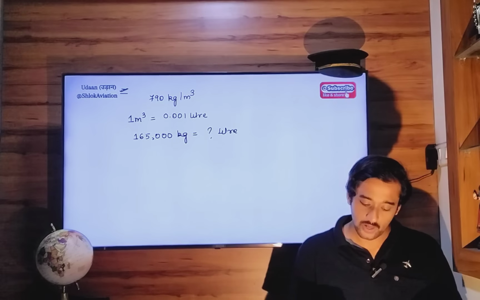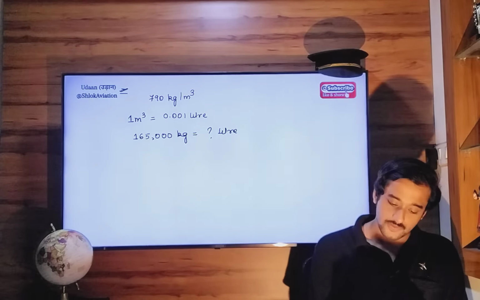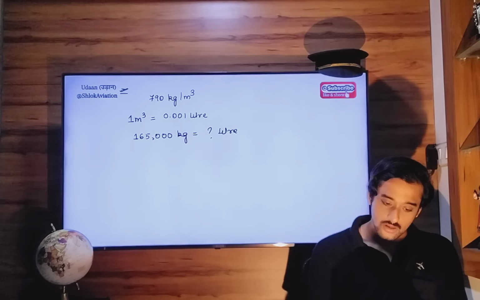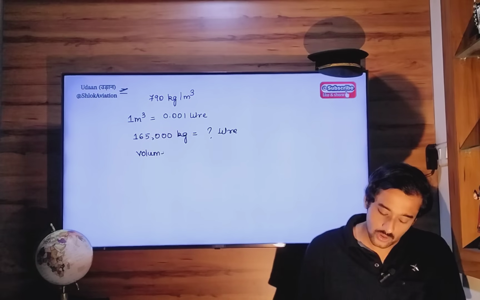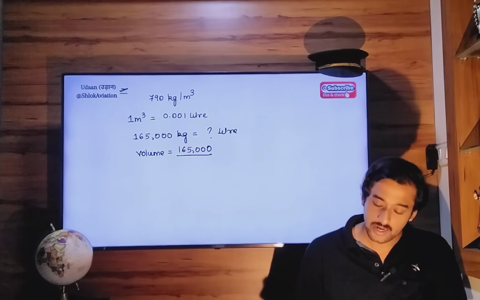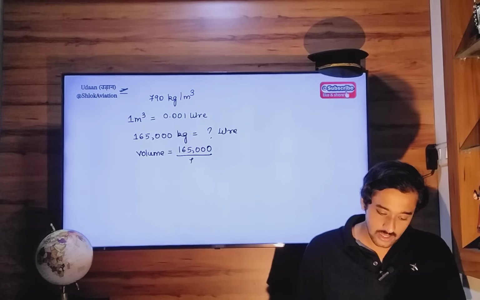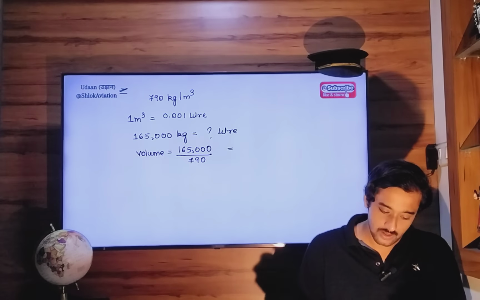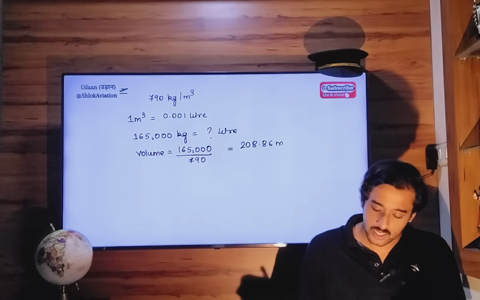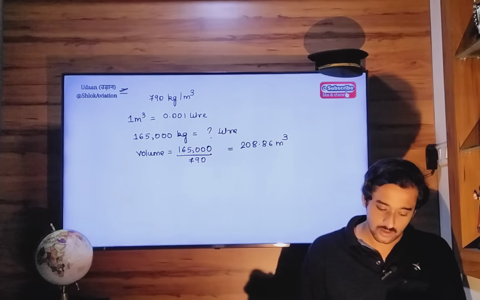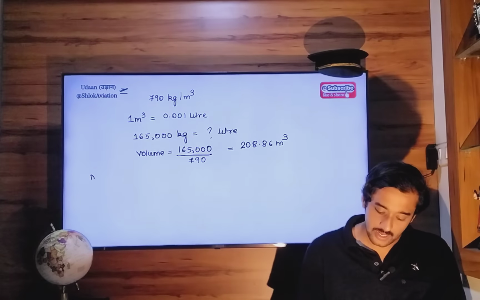We will have to divide 165,000 by 790. Volume will be equal to 165,000 divided by 790. So that will be equal to 208.86 meter cube.